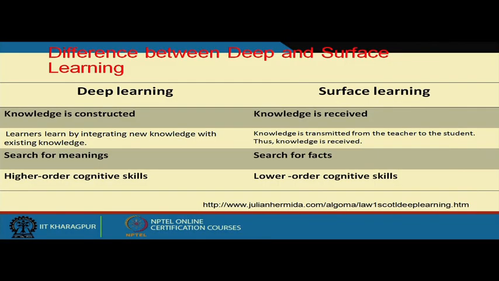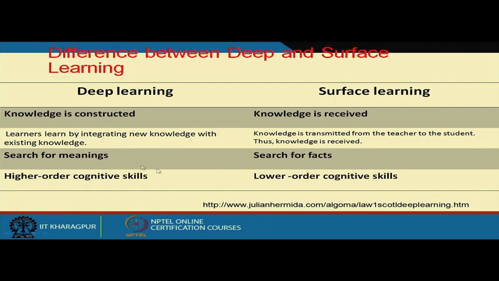So what is the difference between deep and surface learning? In deep learning, knowledge is constructed. The learners are constructing the knowledge, but in surface learning, knowledge is received.